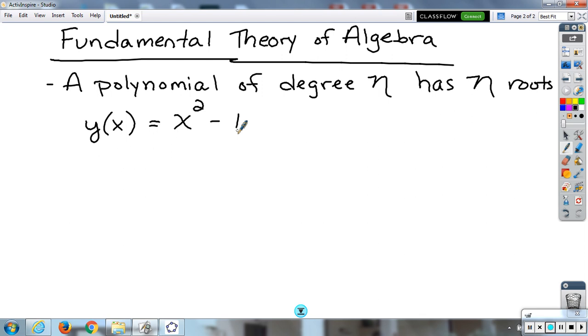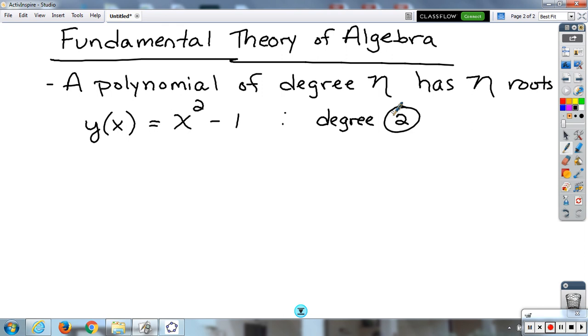Since there's only one x term in this expression, and it has a power of 2, this polynomial has the highest degree of 2. And what this theorem says is that if its highest power is degree 2, then it must also have 2 roots.